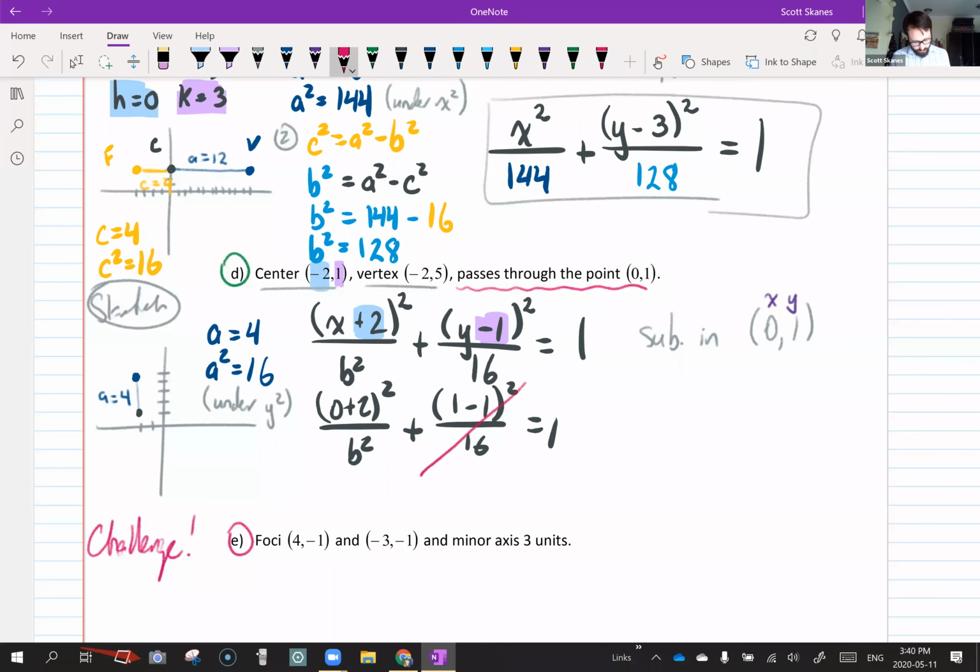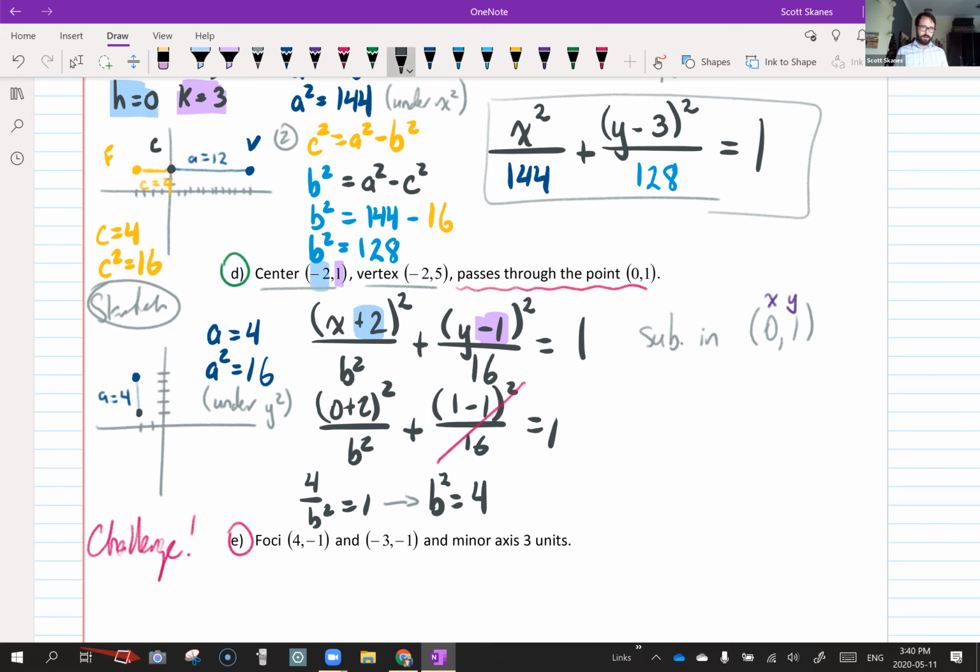If you solve all this, this cancels out because 1 minus 1 is 0. 2 squared on top is 4. So what we end up with is 4 over b squared equals 1. Sorry, I'm rushing. I want to get this finished. B must equal 2. And you can check that after if you don't believe me. We really need b squared though, so let me just make it 4.